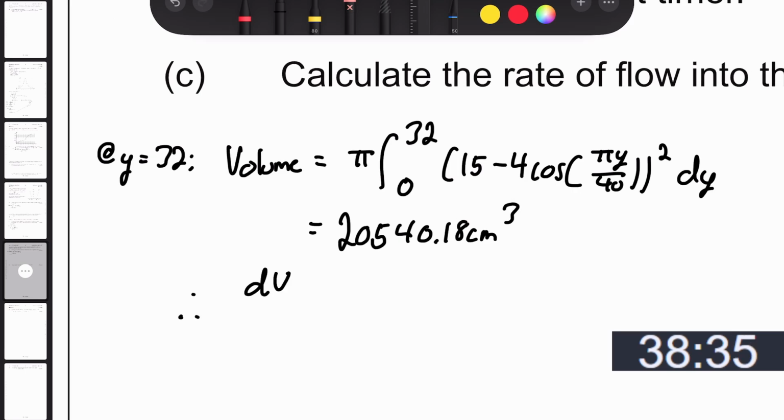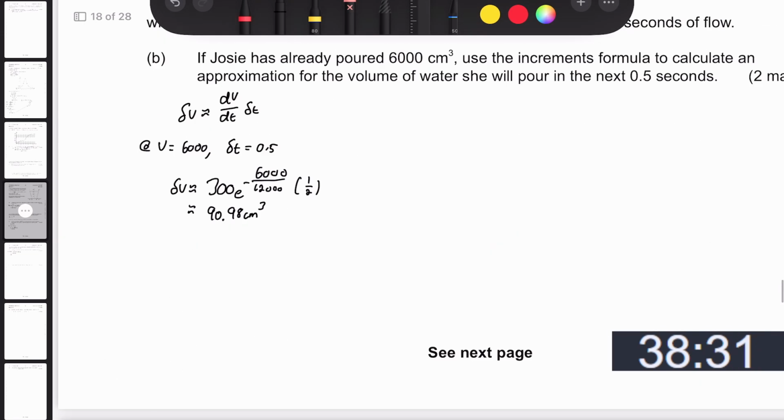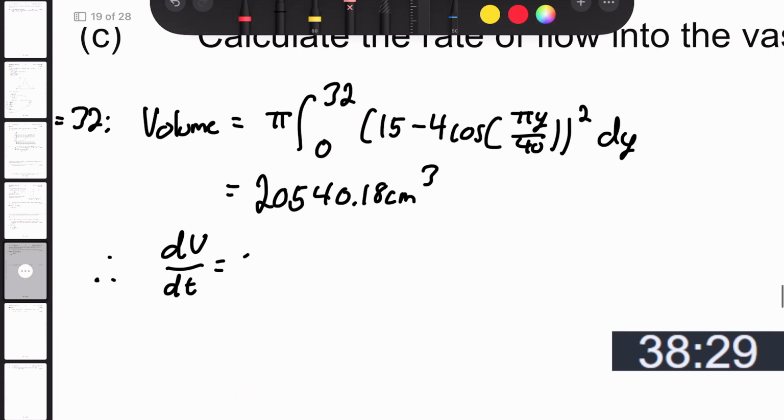Therefore, dV/dt is equal to 300 e to the negative 2540 all on 12,000, which is negative 0.18.